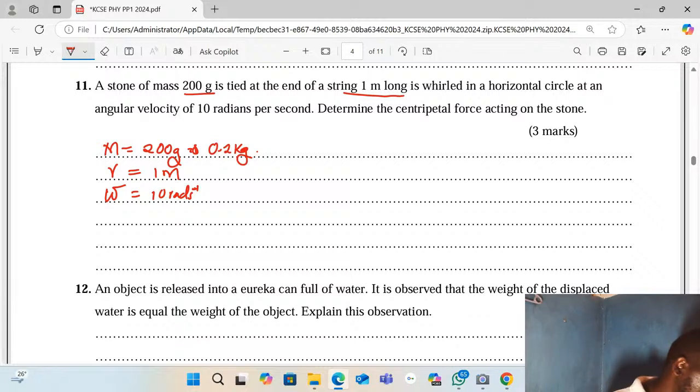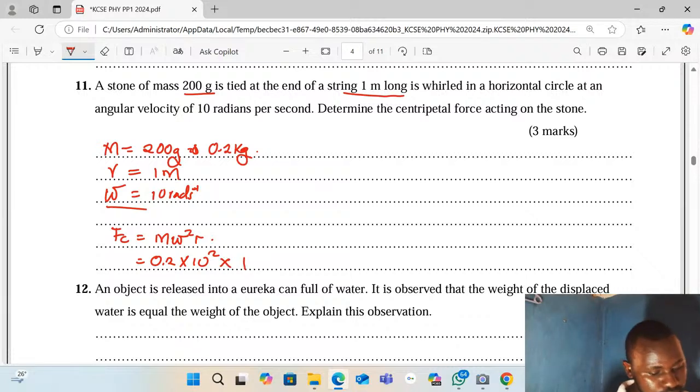Then, how do we get the centripetal force? Fc is given by mass times omega squared times r. Therefore, we'll have a mass of 0.2. We have the omega, which is the angular velocity, that is 10 squared, times a radius of 1.